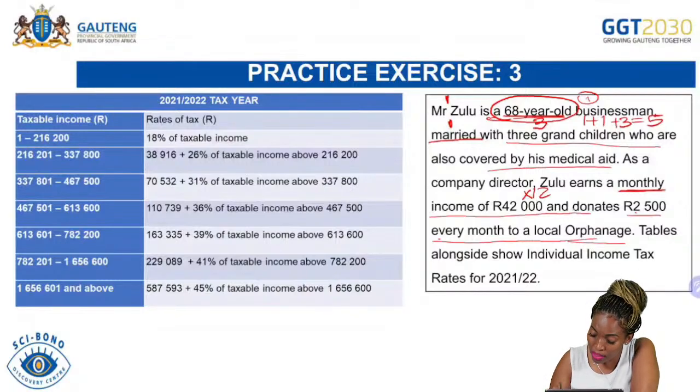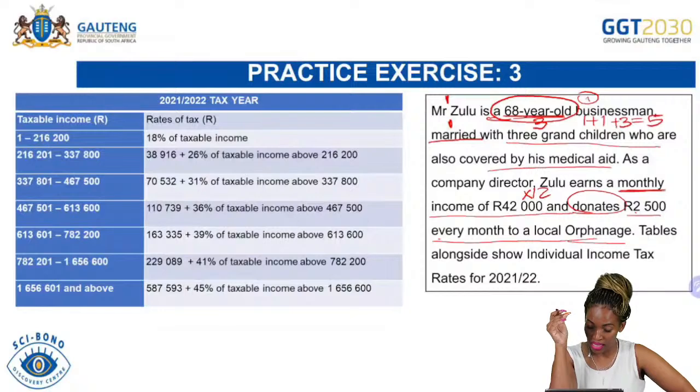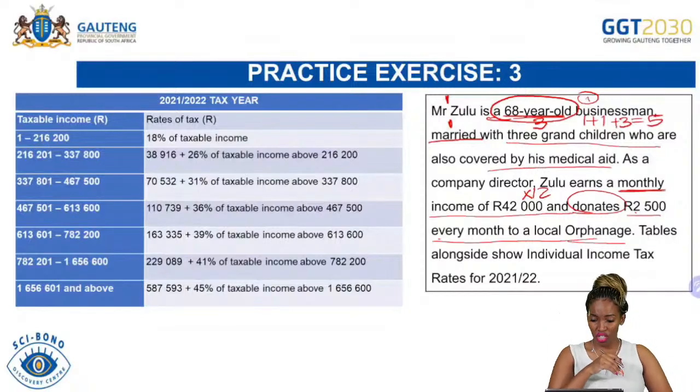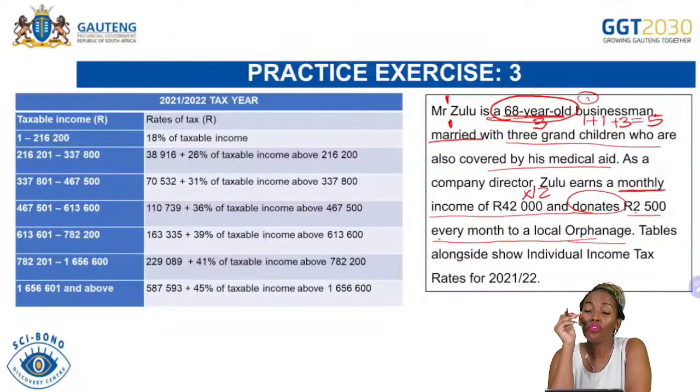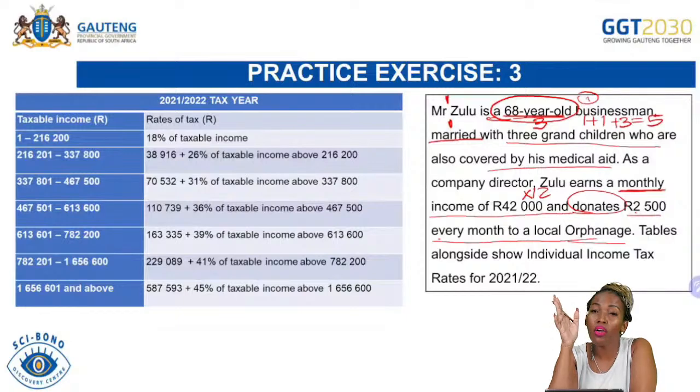The moment you see donates or donations, you know that if someone is contributing towards donations, then we cannot tax that person. The donations are your non-taxable deductions, or we can say they are your non-taxable income. That is the part of your deduction that we are not going to tax.